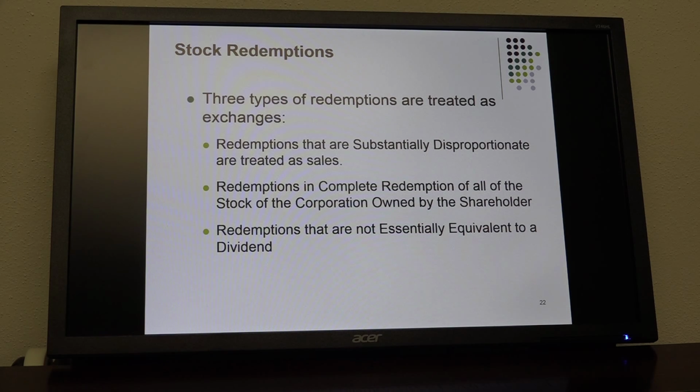So you've got to consider the family attribution rule when determining the 80 and 50%. It's as if the shareholder not only owns their shares, but they also own the family members' shares as well.